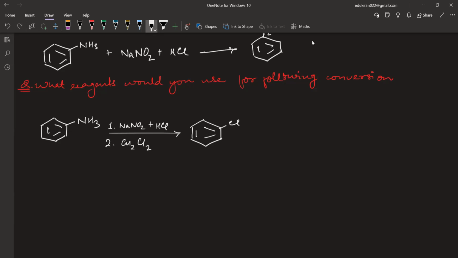Correct, KCN is what I am saying. KCN is a very important reaction because you are going from 2 carbons to 3 carbons, and that is more important. So 1, 2, 3 carbons are here. Carbon-carbon bond formation is happening with KCN, and that is one of the very important reactions.